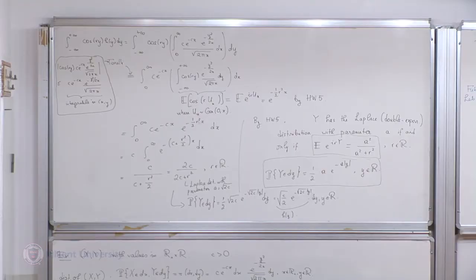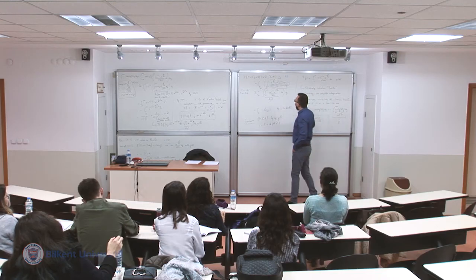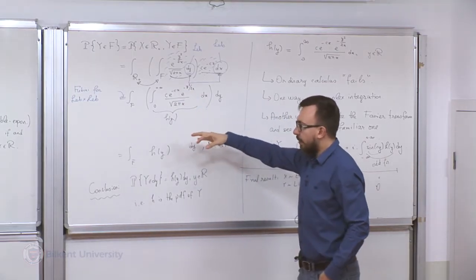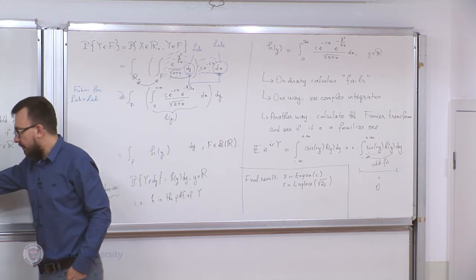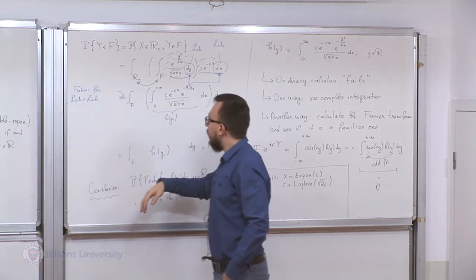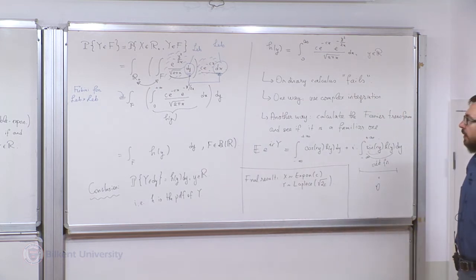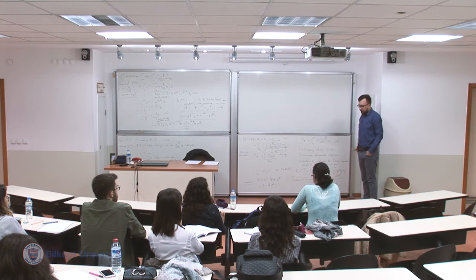So I find this example quite interesting. For instance, this expression looks very hopeless, but apparently it has a very nice formula, and you calculate it through Fourier transforms. So we know now in principle how to calculate the marginal distributions of the components of a random vector if we are given the joint distribution of those components, namely the distribution of the random vector. But of course, this is only in principle.